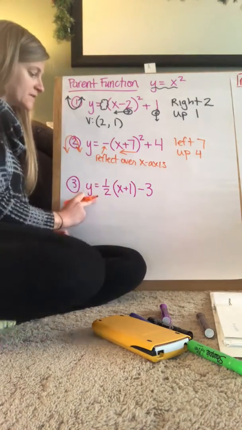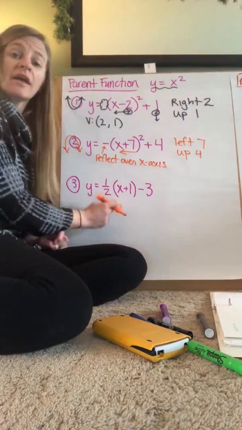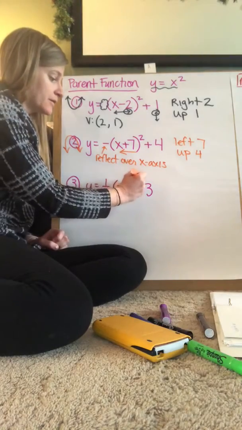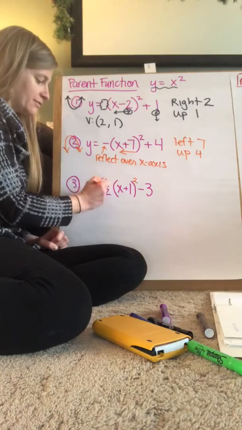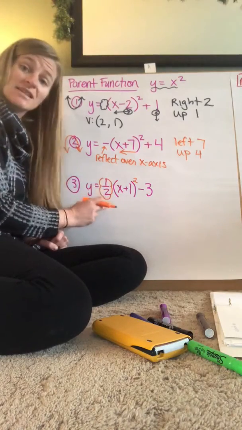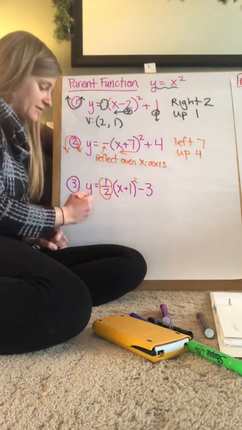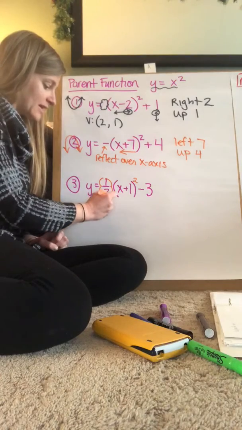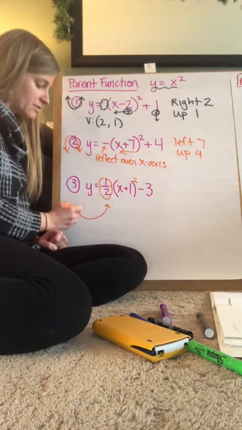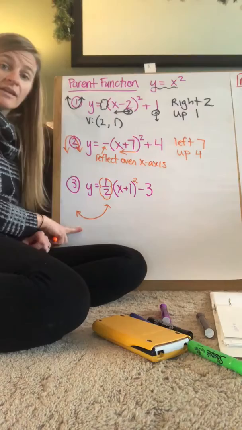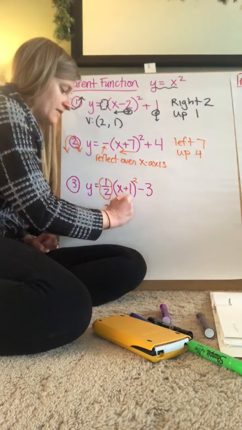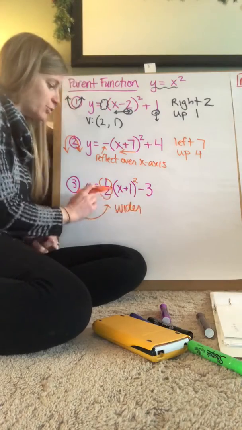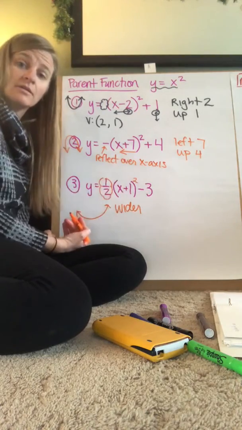Problem number 3 is 1/2 (x plus 1) quantity squared minus 3. 1/2 out in front is less than 1. So this graph is going to dilate, but notice how it's positive, so it's going to be still smiling. This graph is going to be wider than the parent, because 1/2 is less than 1.